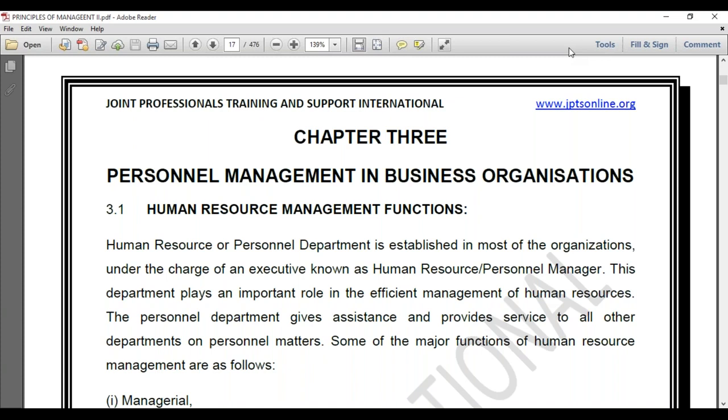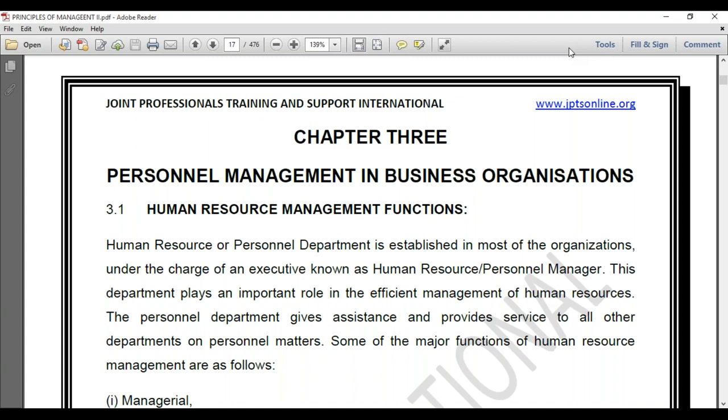Like we discussed last week, at the formation of every business organization, a human resource manager is always there from the foundation, right from the time of office setting, location, decision making, all those periods. You must find a human resource personnel. So today we are going to look at some of the major functions of a human resource manager.